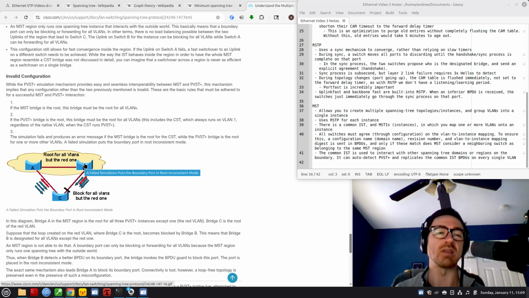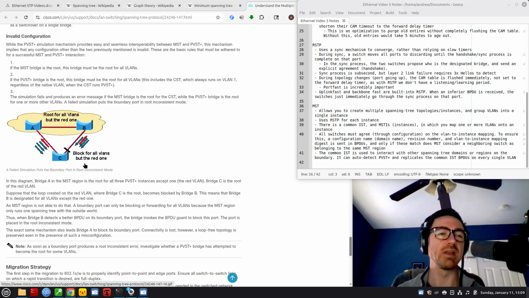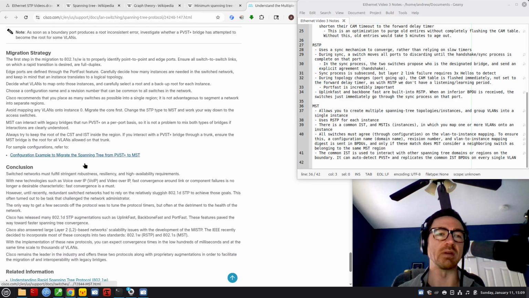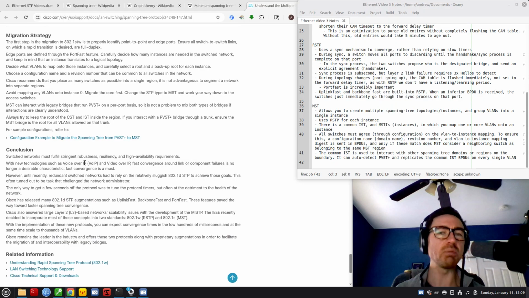That's not going to work, because the MST region just has this one common IST BPDU that's replicating for all the VLANs. So you get into these gotchas that can trip you up with MST, but the main point with MST is that it allows you to create separate instances and map multiple VLANs to one instance.